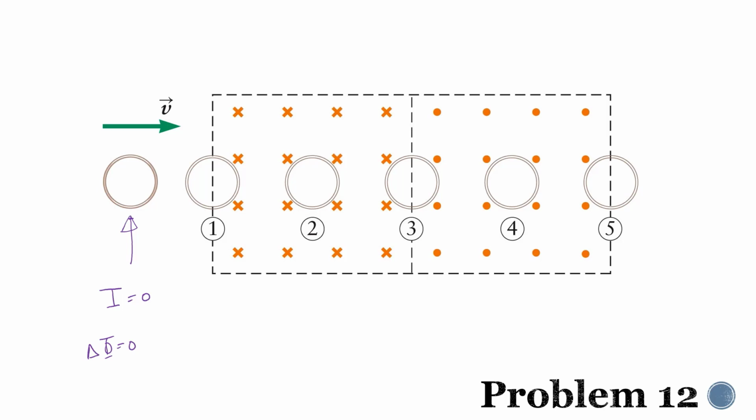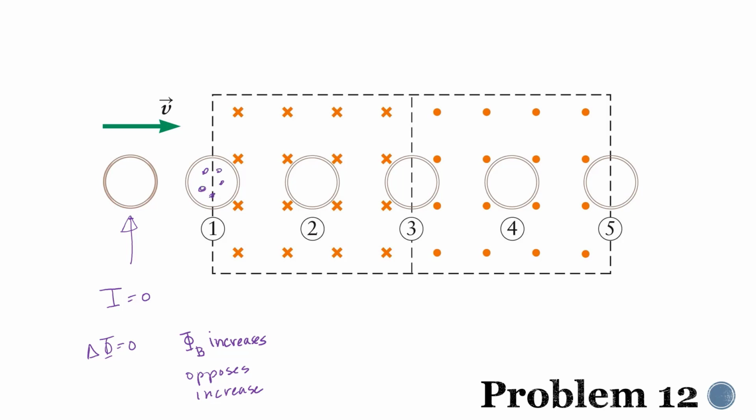However, when I get to position 1, I go from no field to some field, and so that means the flux is increasing. If the flux is increasing, then the loop itself wants to oppose that increase. And if I oppose the increase, then what I want to do is generate a field so that it is in the opposite direction to the external field.